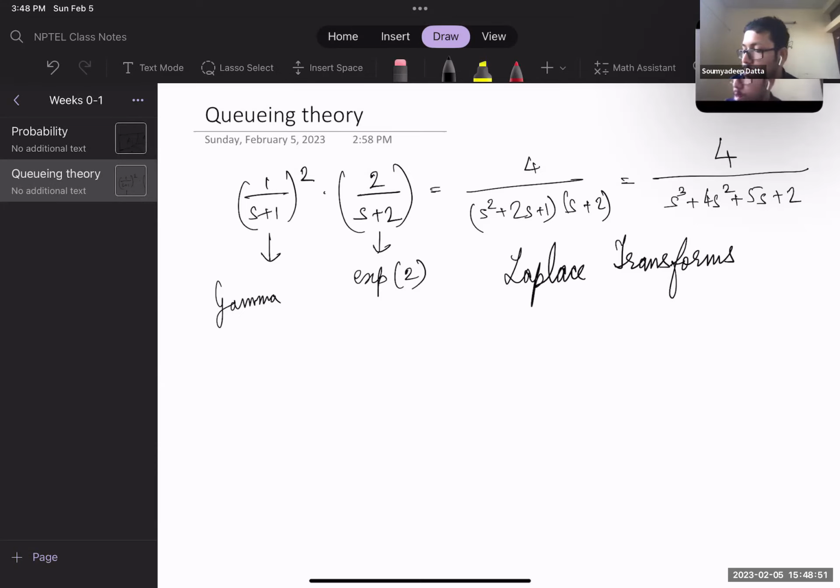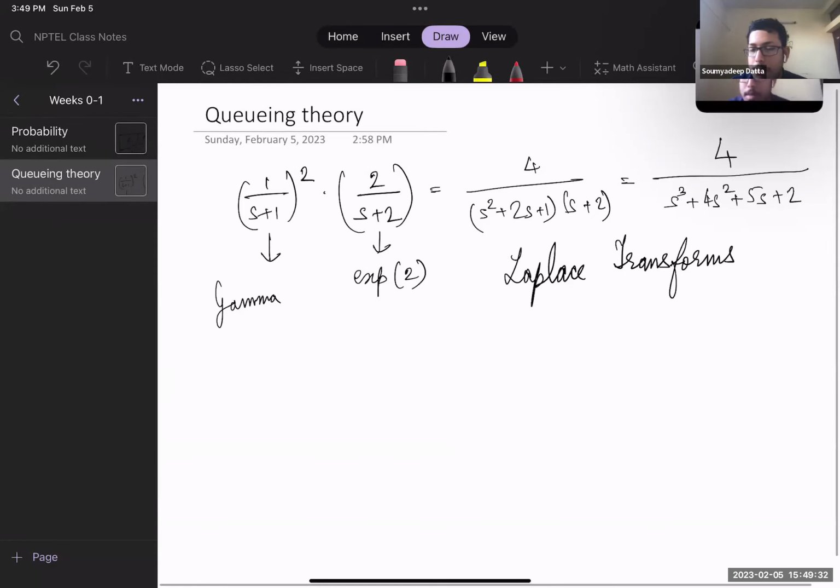Let's say you are provided a Laplace transform. What is a Laplace transform? Again, it is probability revision.